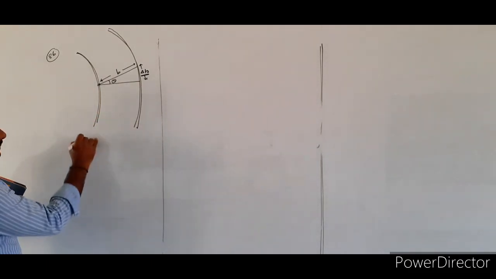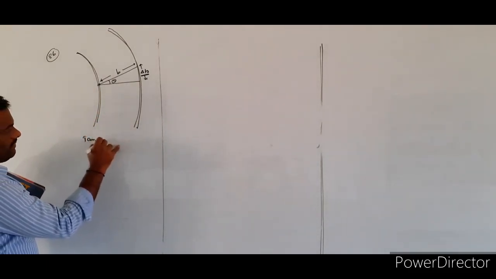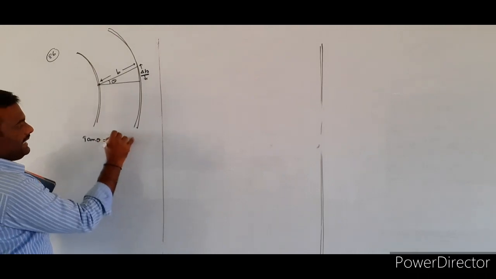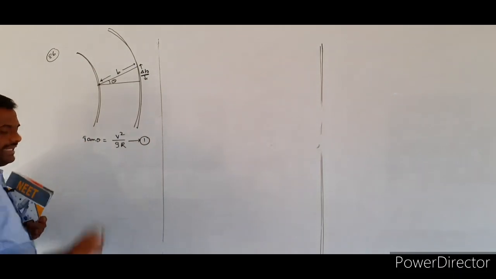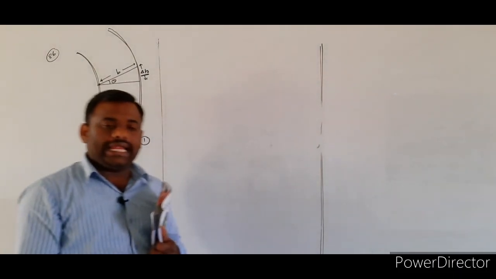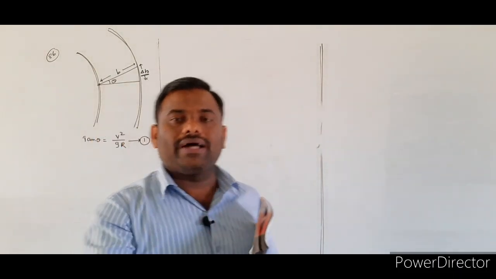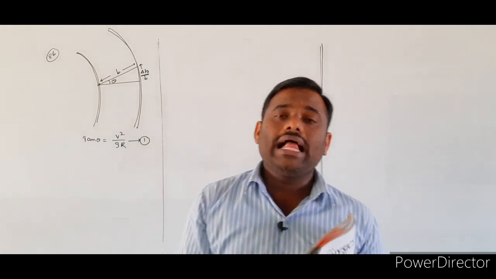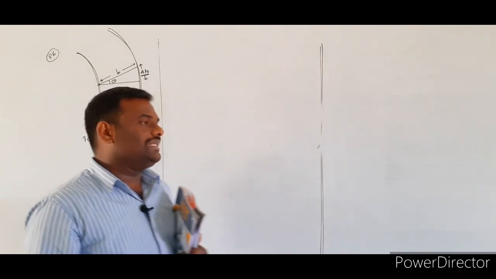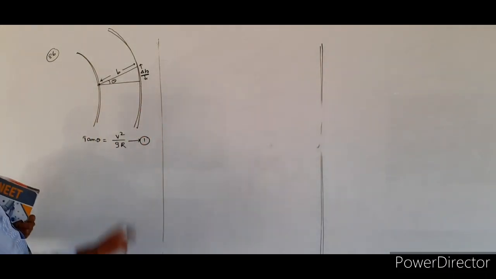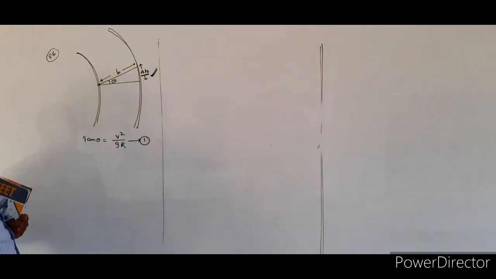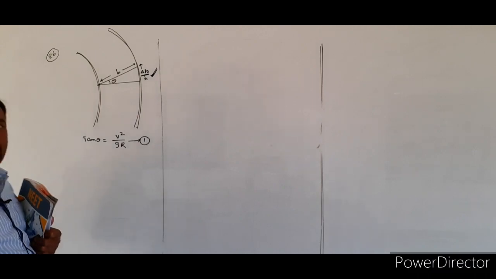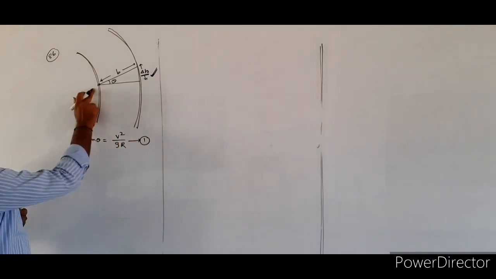So in the case of the banking, the angle of the banking will be given by the equation tan theta is equal to v square by gr, in terms of the speed of the vehicle and radius of the circular road. So here I am assuming that the outer edge will be raised a little bit by a height of delta h with respect to the inner edge.